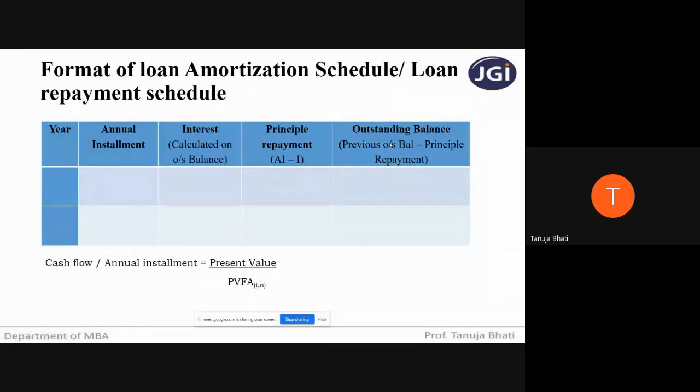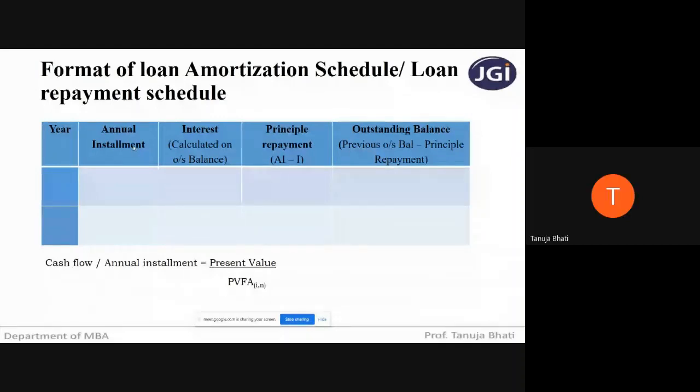Yes, students? Yes, ma'am. Okay. Just to check whether you all have understood, can anyone tell me what is the meaning of annual installment? Total amount paid in a year to the bank.